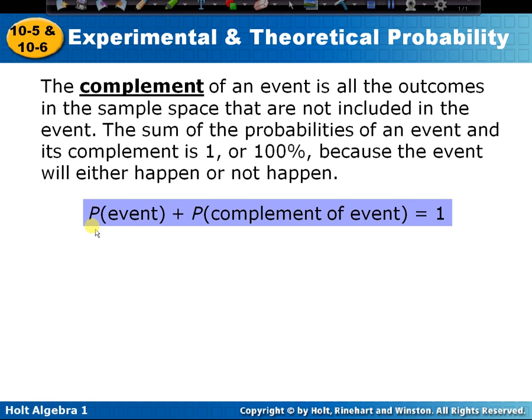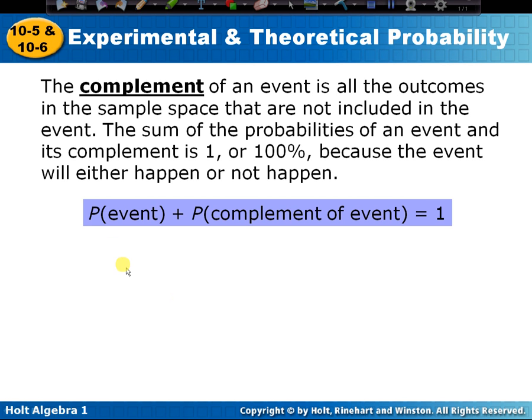P, which stands for probability, by the way, of an event, plus P of the complement of the event equals 1. So again, the probability of the event happening plus the probability of the event not happening is going to come out to be equal to 1, or 100%.